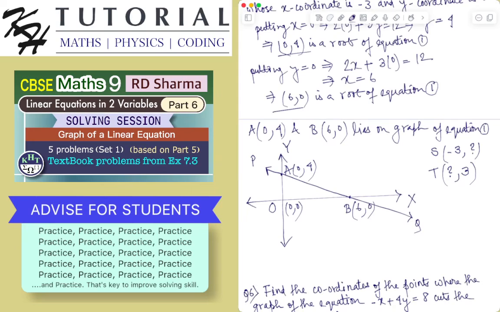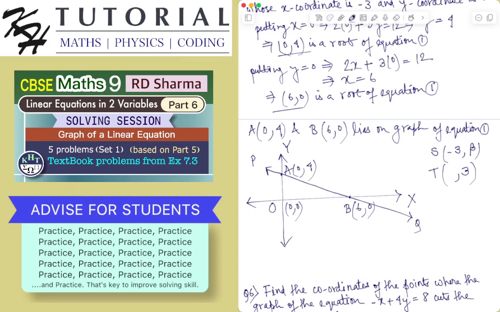Since the points S and T lie on the graph, on the line PQ, let's use some letters, symbols, for the variables instead of question marks.